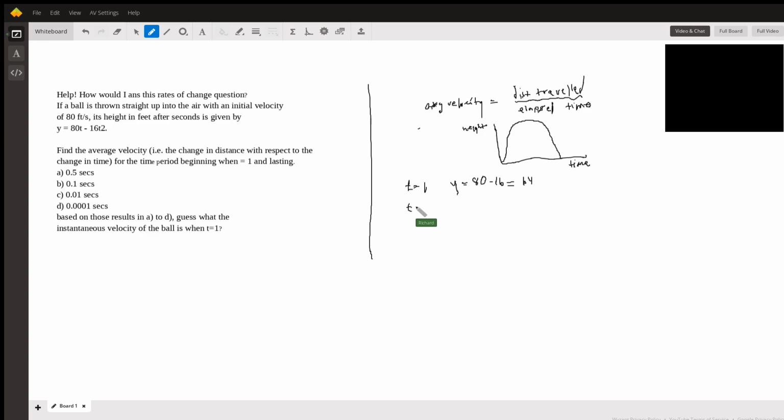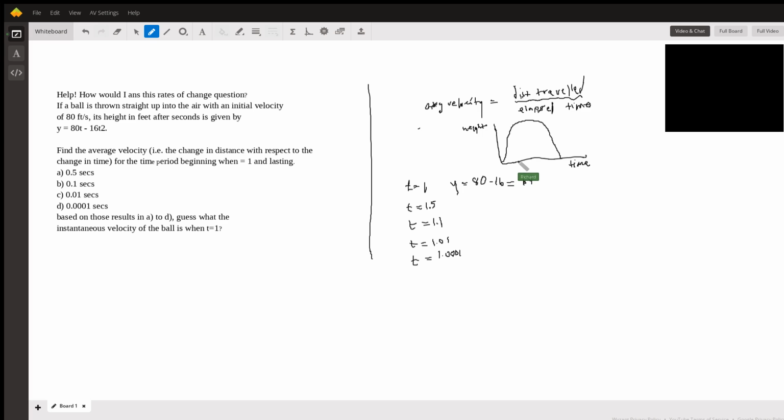And then t equals 1.5, and then we're going to go t equals 1.1, t equals 1.01, t equals 1.0001.